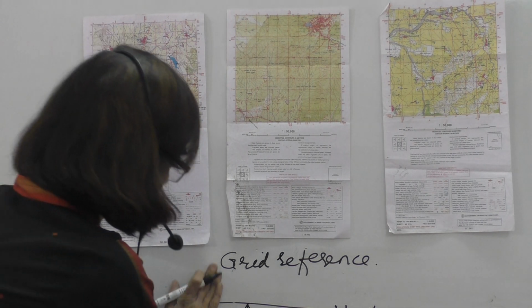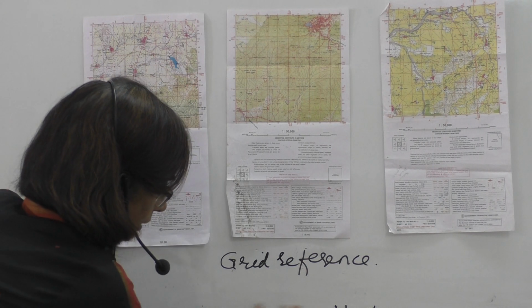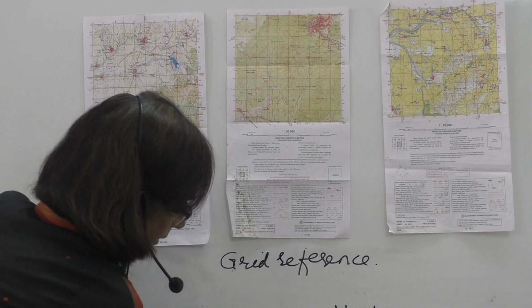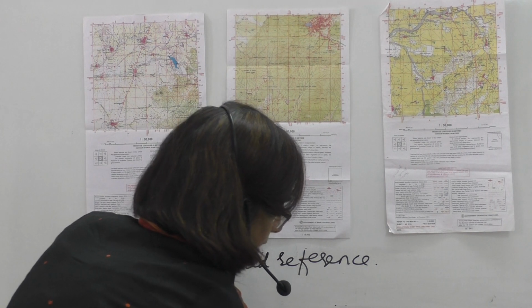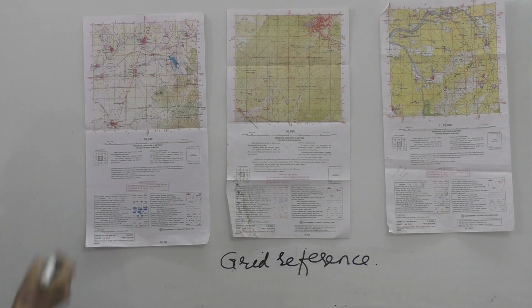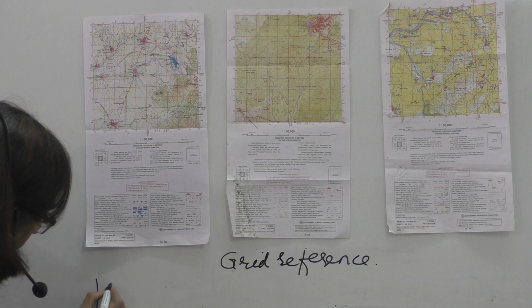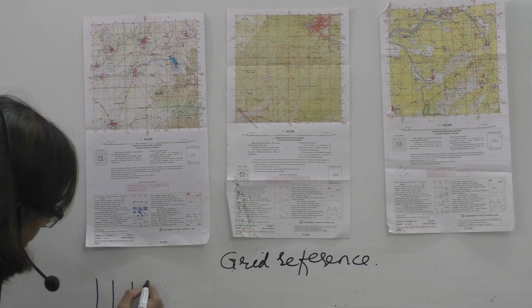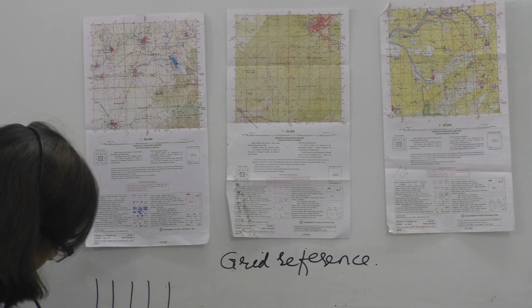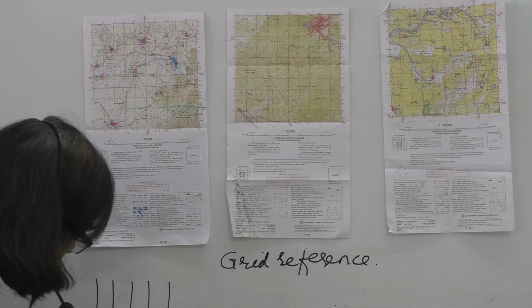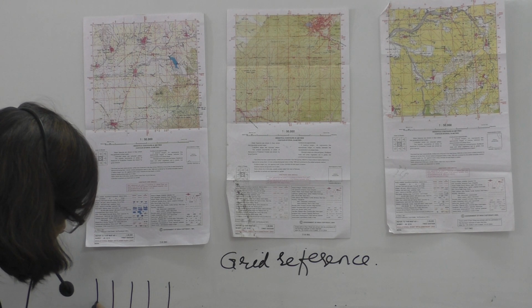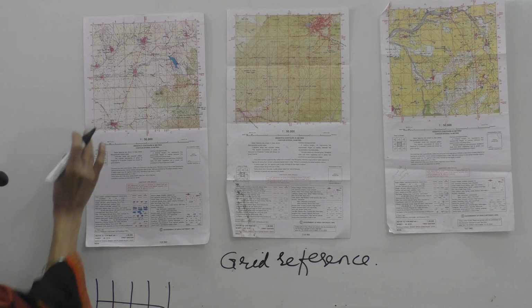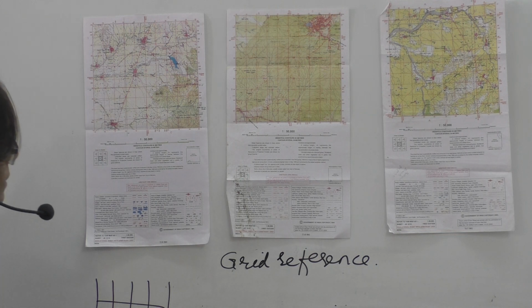The grid will vary from each topo sheet. This grid that is being made varies from each topo sheet. For this topo sheet, the grid is something like this. You have to keep on observing. For this, it is 15, 16, 17, 18.